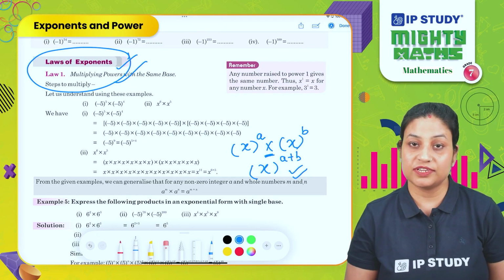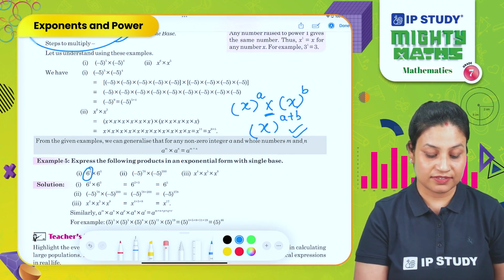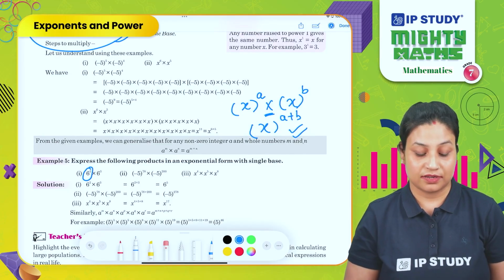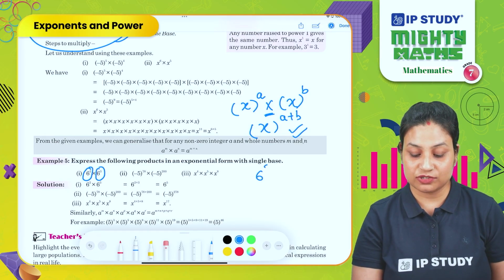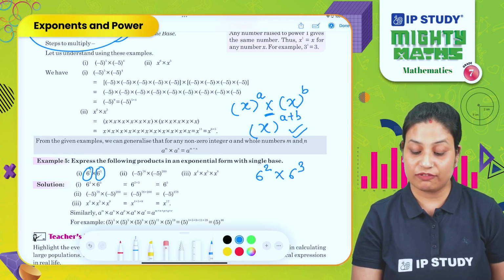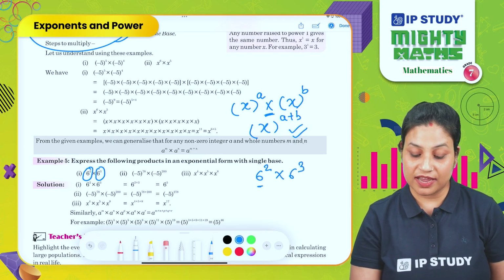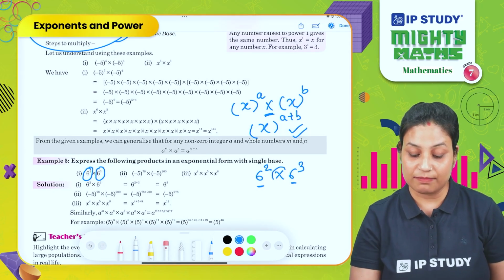Let's solve it using an example. Suppose here I have 6 raised to the power of 2 and here I have 6 raised to the power of 3. So 6 raised to the power of 2 is getting multiplied with 6 raised to the power of 3, right? Here I have the same base, and I have a multiplication sign.